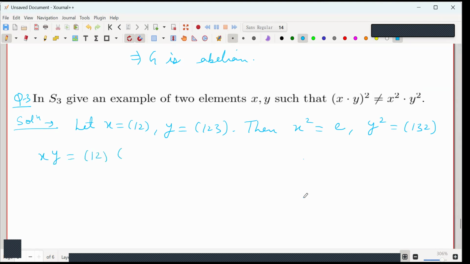This is just (1 2)(1 2 3). So 1 going to 2, 2 is again going to 1. This is fixed. 2 going to 3, 3 going to 1, 1 going to 2. So this implies (XY) squared is equal to (2 3) squared, which is identity.